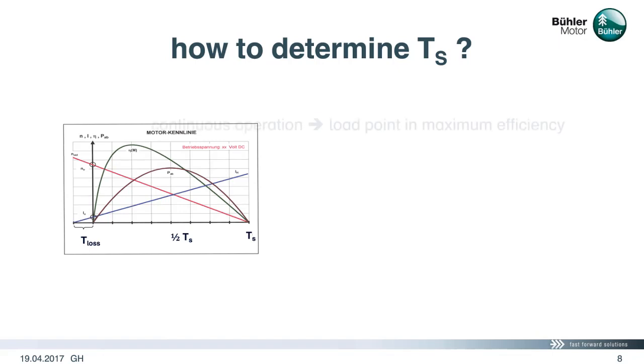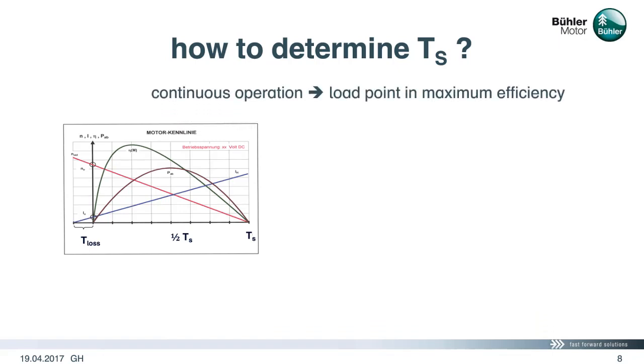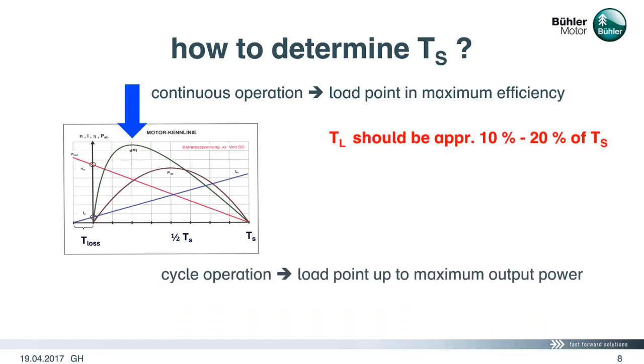If we have an application with continuous operation conditions, we want to have the load point in the area of the maximum efficiency, which means T sub L should be approximately 10 to 20% of T sub S. In case of a cycle operation with short on times, the load point may even be up to the maximum output power, which means T sub L may be up to 50% of T sub S.